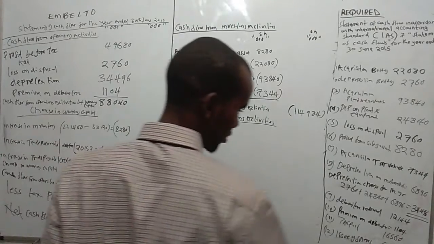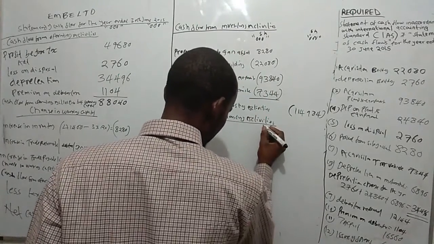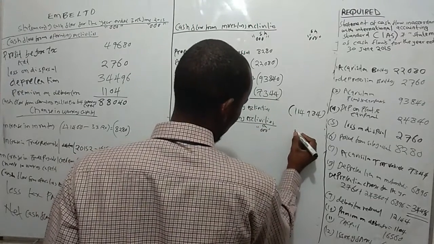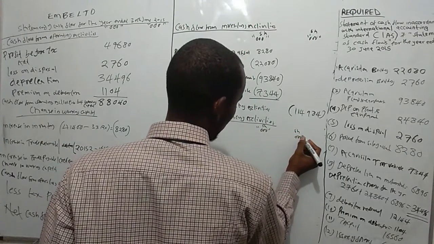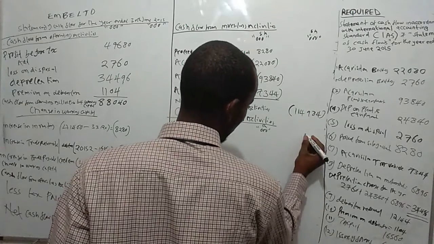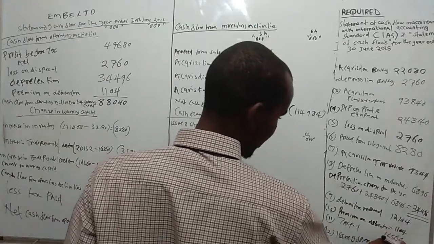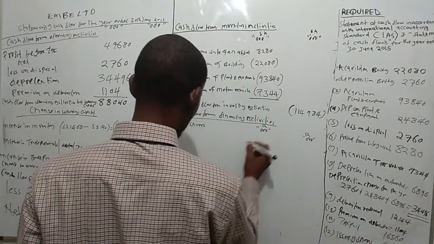The issue of shares, these are inflow. Let's have there 2 columns. Remember, these figures are in thousands, also the shillings in thousands. The issue of shares, that's an inflow of 66,240.